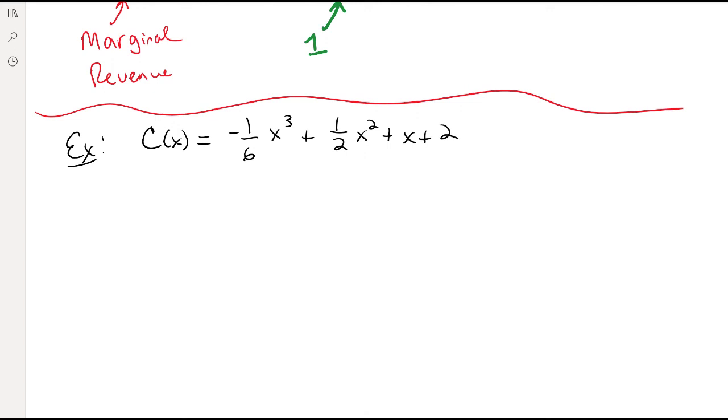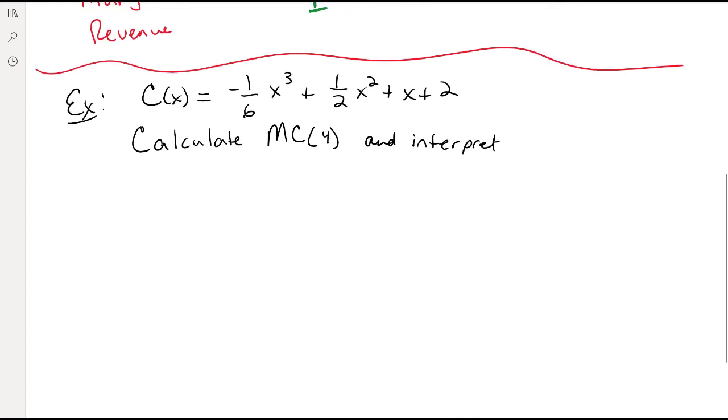That's our cost function. What if the question asked you to calculate MC of 4? So calculate the marginal cost of 4 units and interpret what that value means.